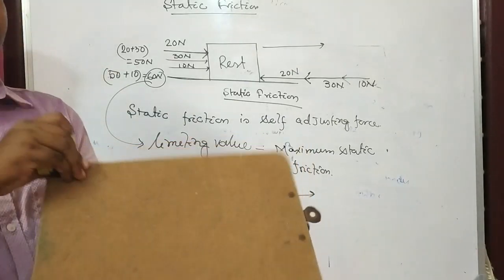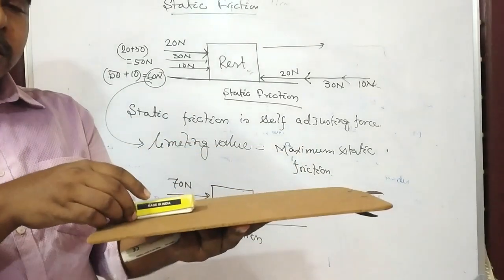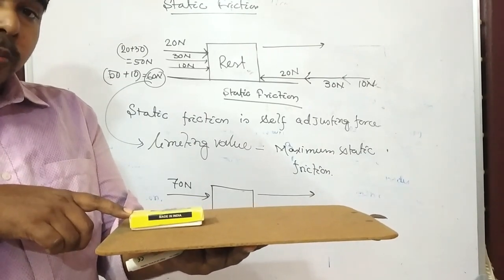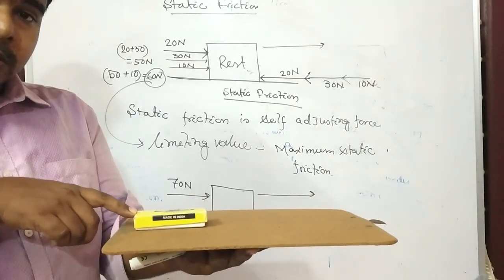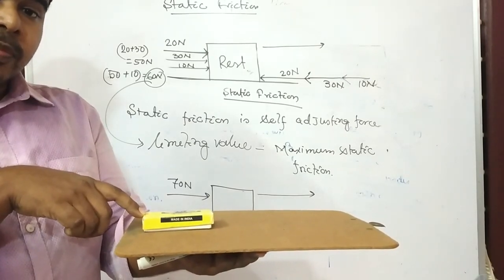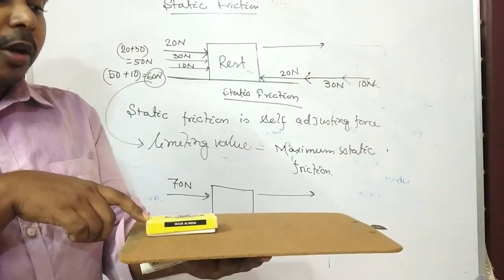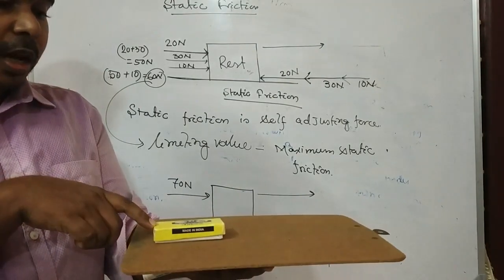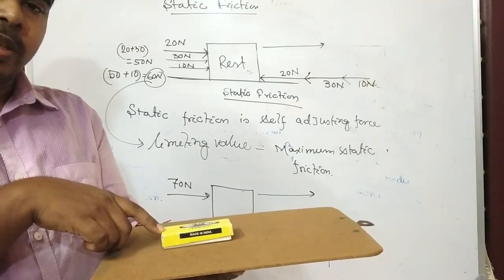Again I am repeating the same experiment. The body is kept over a surface, I am applying force, but the body is not moving. I am increasing force from my finger. Then the static friction acting on the body also increases. That is why it is called self-adjusting. Now the body starts moving.